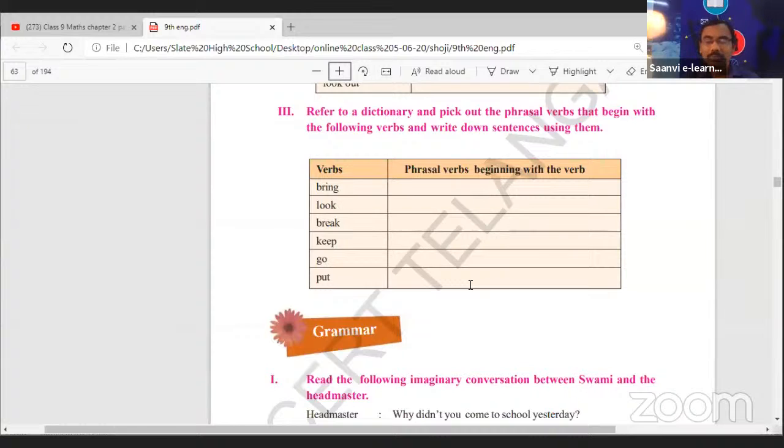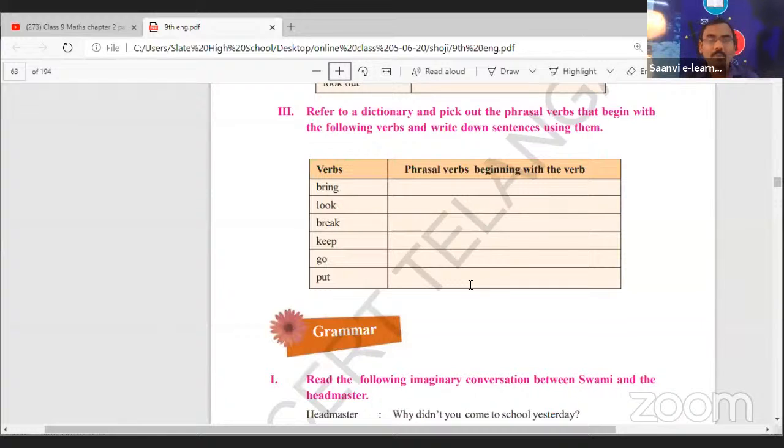The car broke down at the junction. Keep, in our lesson itself, there is a phrasal verb keep away, keep away.